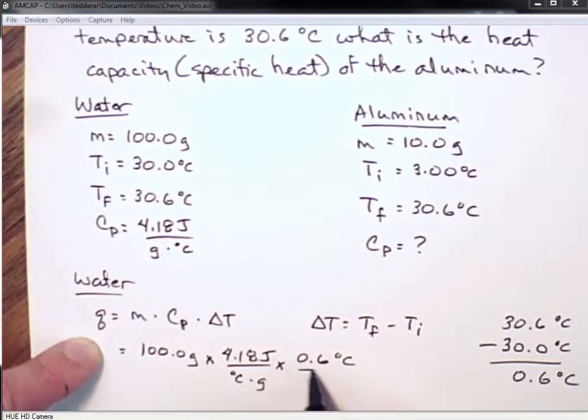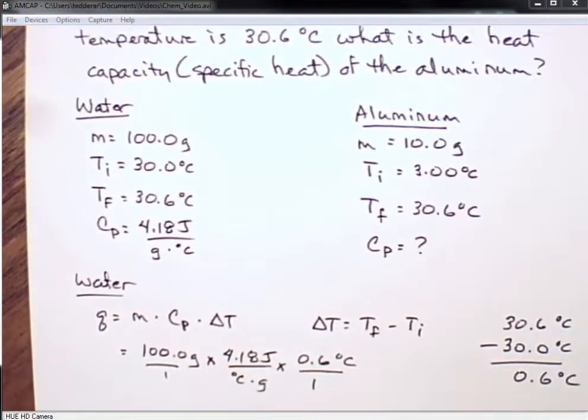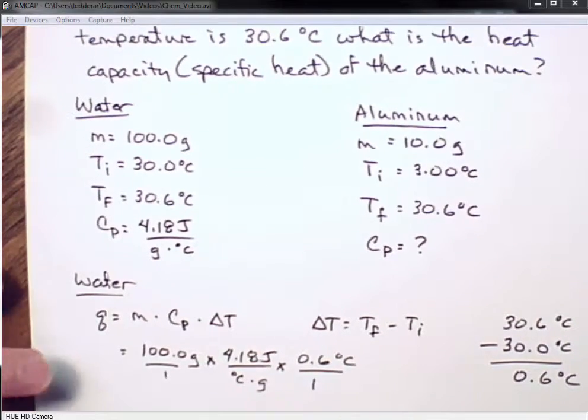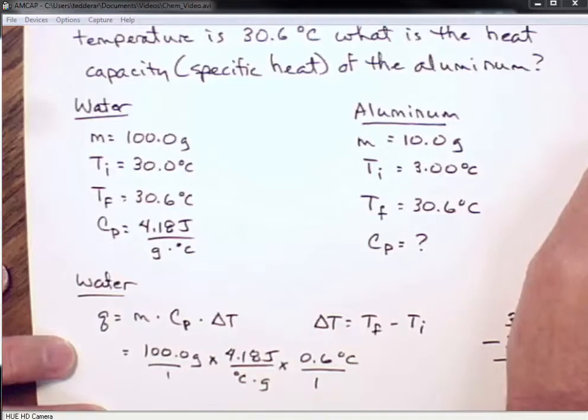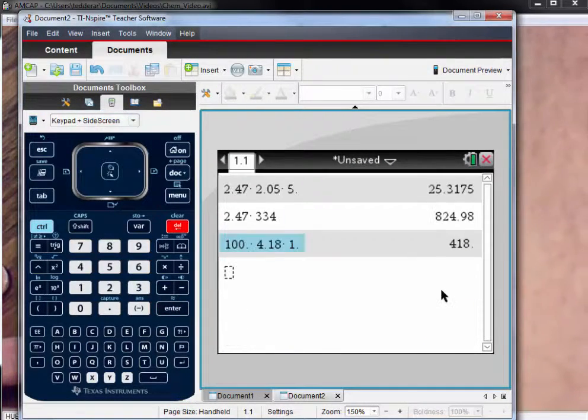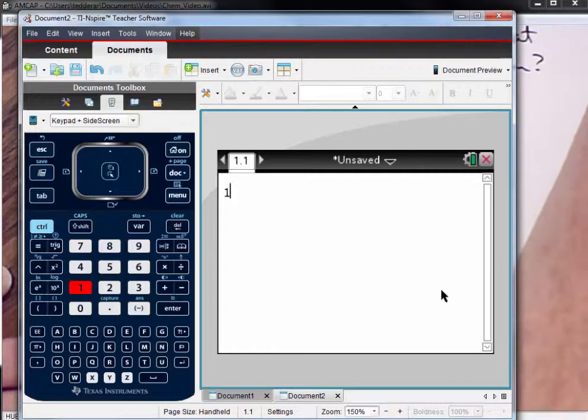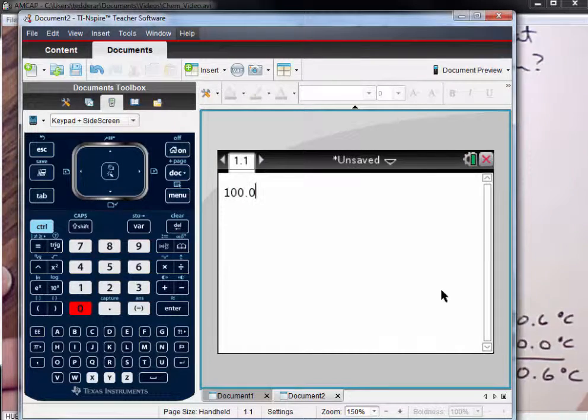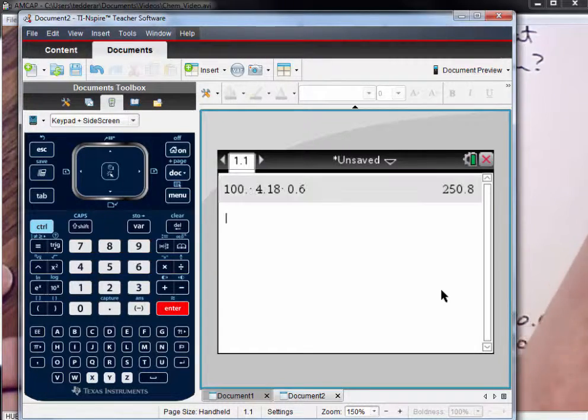Change in temperature, 0.6 degrees C. All right, we're going to do the math. Let's erase these other things we did in the last problem and put in 100.00 times 4.18 times 0.6, and we get 250.8.